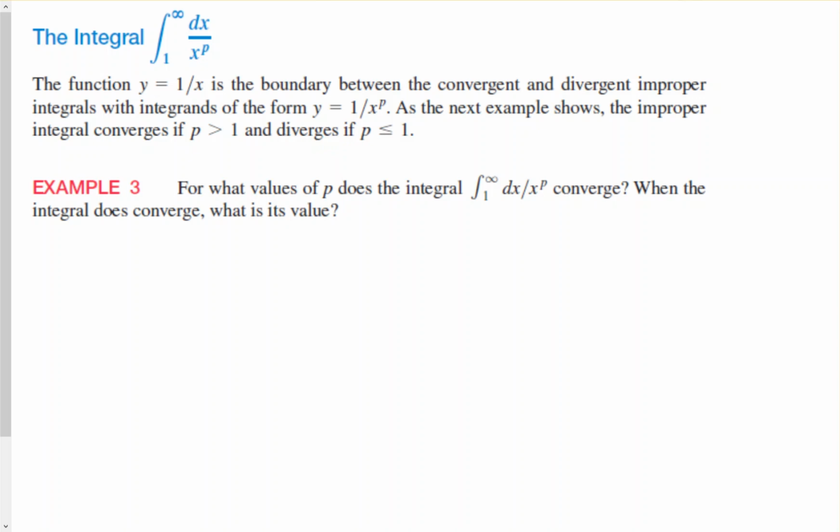Example 3. For what values of p does the integral converge? When the integral does converge, what is its value? So let's set up our integral here.